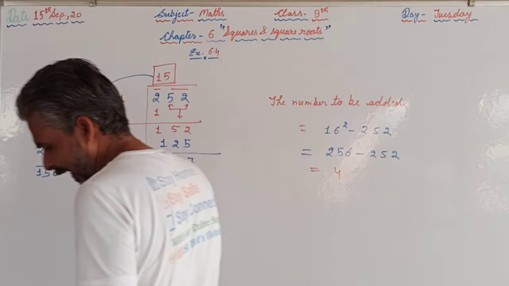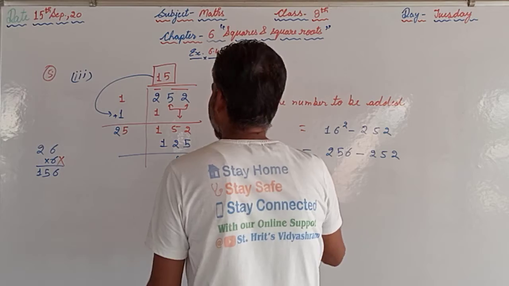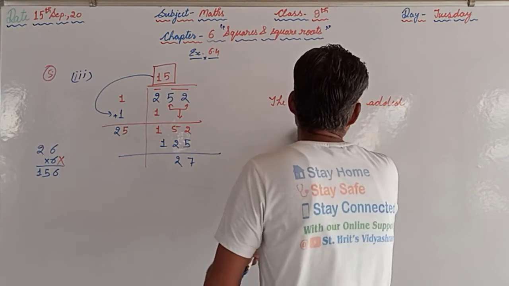So 4 must be added to this number to be a perfect square. So like this we can proceed. Now the remaining part of this question you are supposed to try by yourself, and we will discuss the next question, that is question number 6.